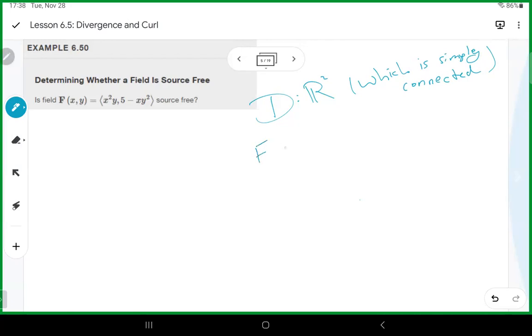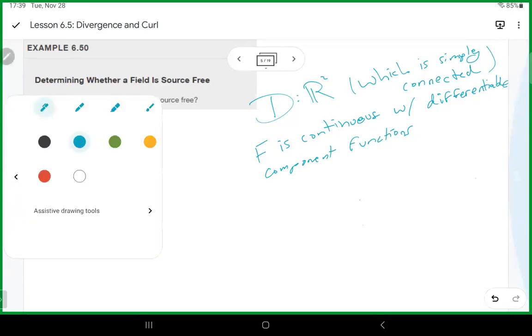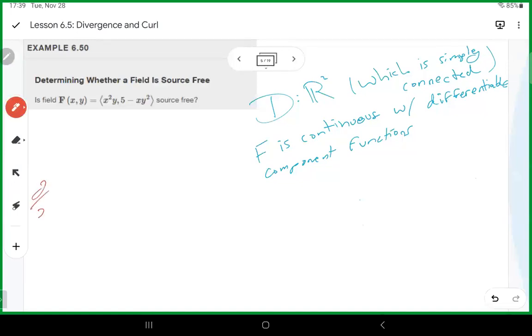So because of that, we can use the divergence test for source-free vector fields to analyze F. Because of those two things, we're going to do the following.